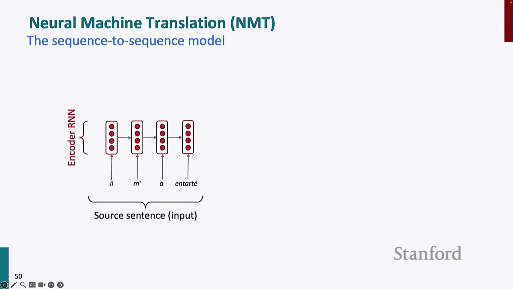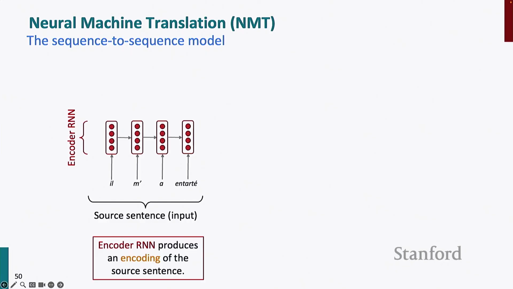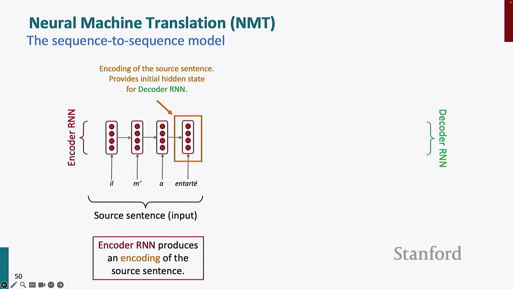And so we're going to chunk through it, encoding what we've read using an RNN. So this RNN isn't going to output anything, right? We're just building up a hidden state that knows what's in the source sentence. So we get an encoding of the source sentence, and we're going to use that final hidden state to condition the decoder RNN, which is going to then generate the translation.